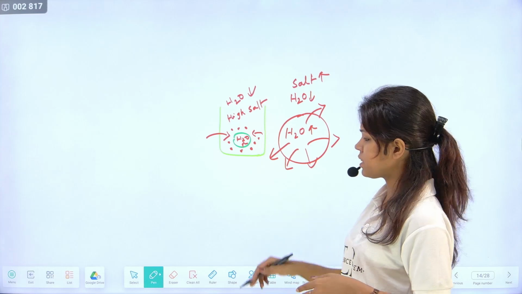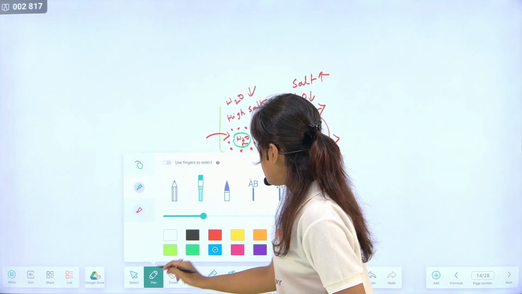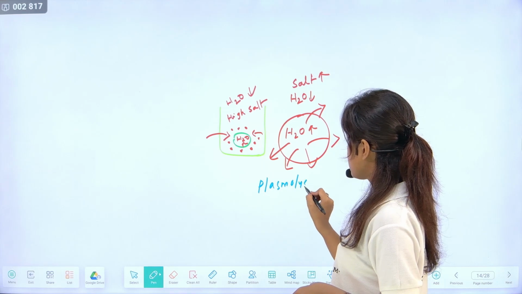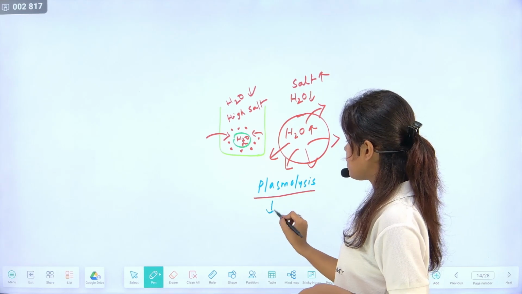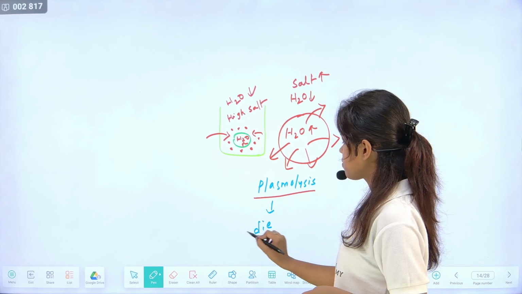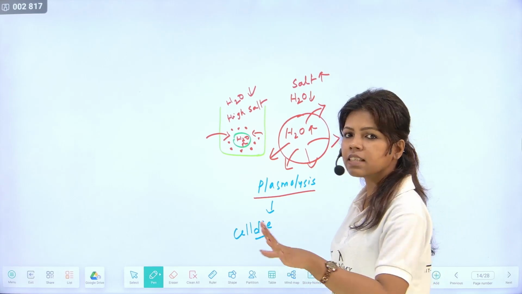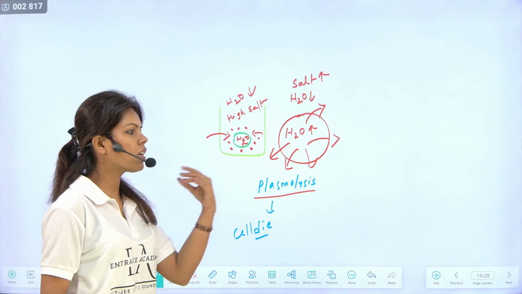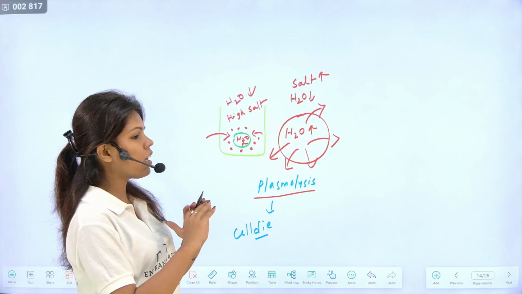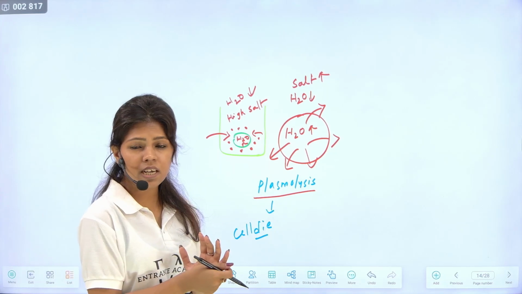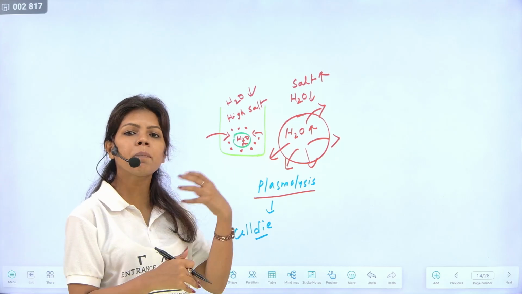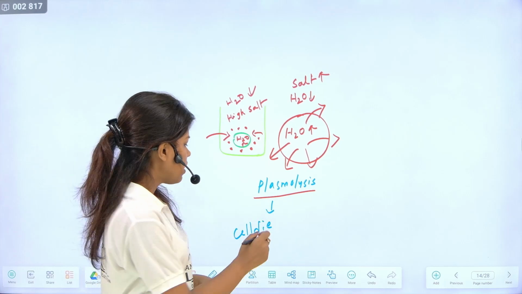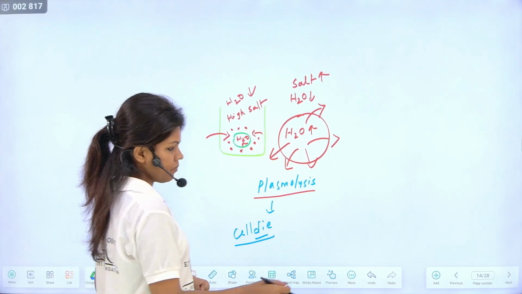That means plasmolysis will take place and the grass cell will die. This is the theory. So whenever we sprinkle some common salt over grass cells, it makes the surrounding medium of the grass cell hypertonic, and in a hypertonic solution plasmolysis will take place, and eventually the cell will die.